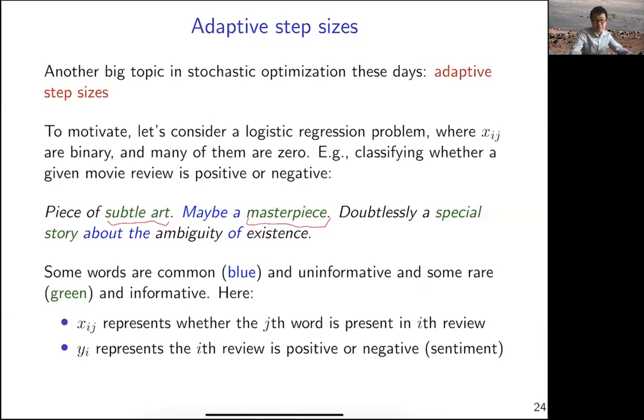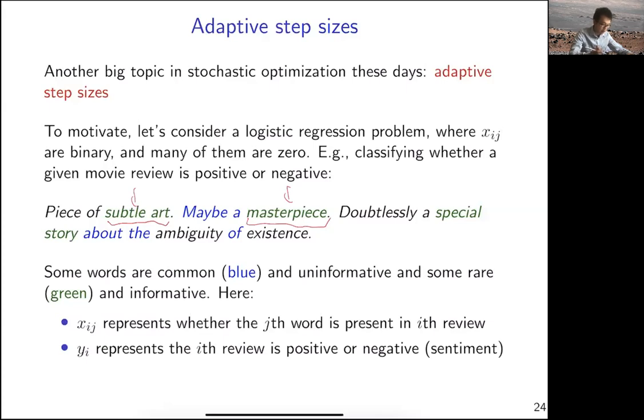But ideally, doing that kind of hand-tuned feature engineering is not as good as having the algorithm somehow learn a weighting function automatically, or adaptively adjust the gradient such that we move with longer step sizes on those coordinates that correspond to these more informative words.